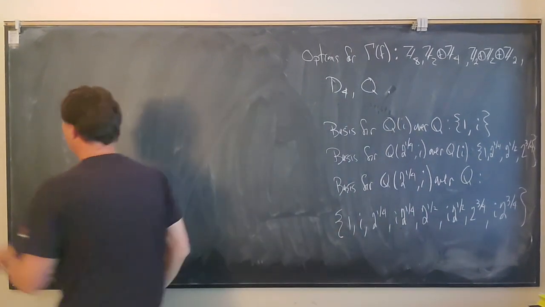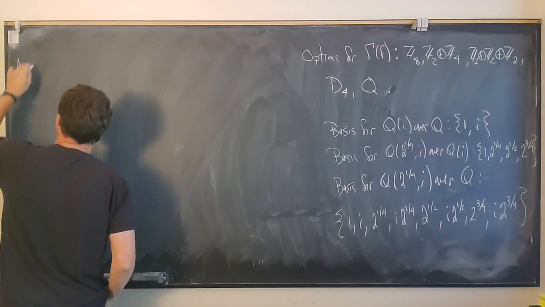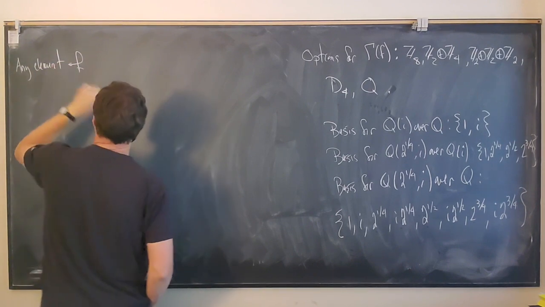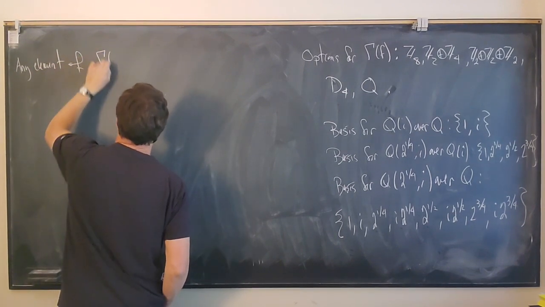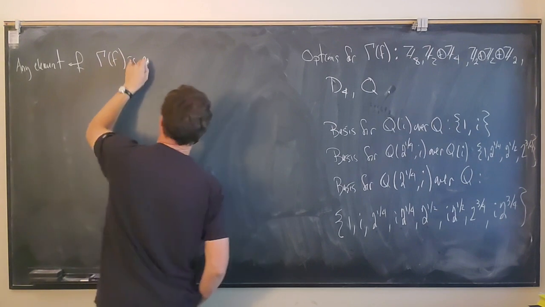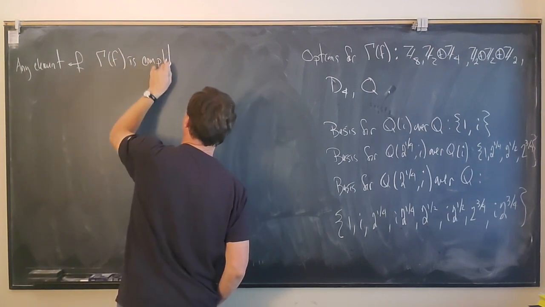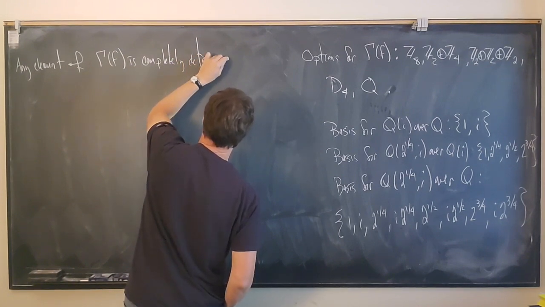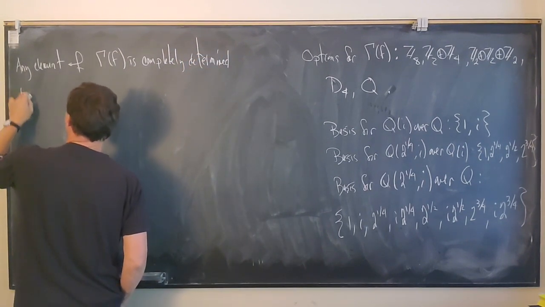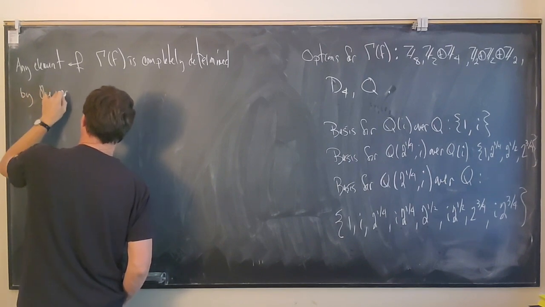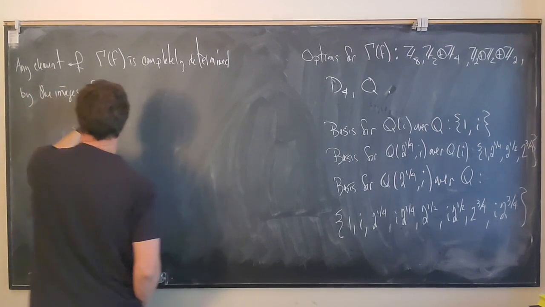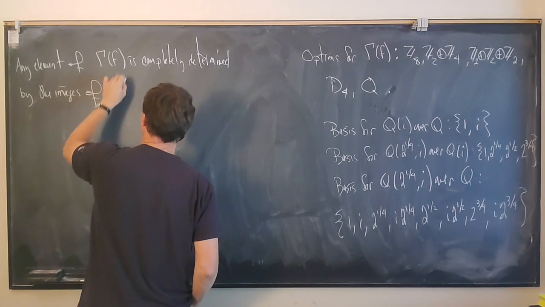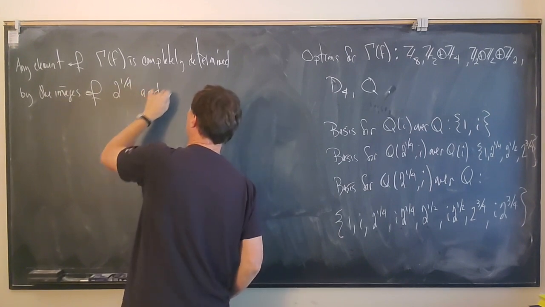So any element of Gamma of F is completely determined by the images of 2 to the 1/4 and i.